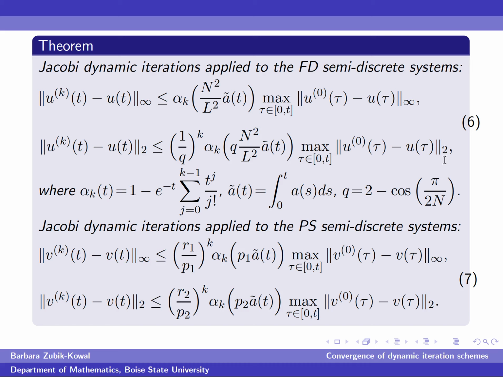In the case of the application of these Jacobi dynamic iterations to the pseudospectral semi-discrete systems, we derived such different error bounds written down here in this form labeled by number 7. And again, as before, we derive the first one in the infinity norm and the second one in the Euclidean norm.